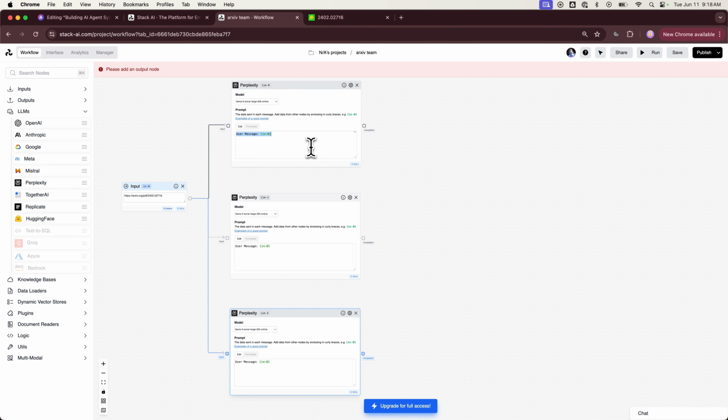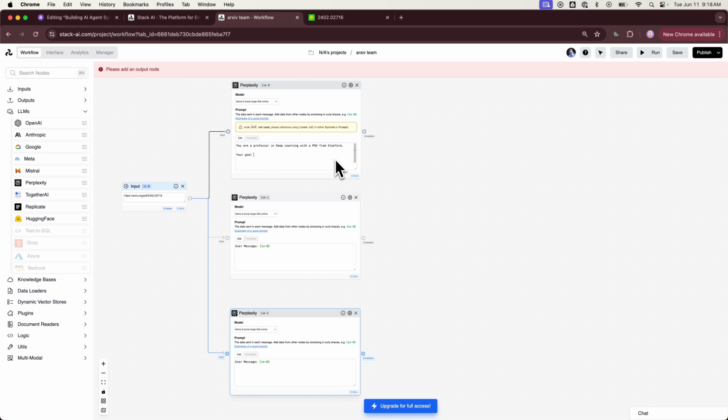So just starting with the deep learning agent, let's give it a prompt and identity and all that good stuff. So starting with the identity, you are a professor in deep learning with a PhD, let's say from Stanford.